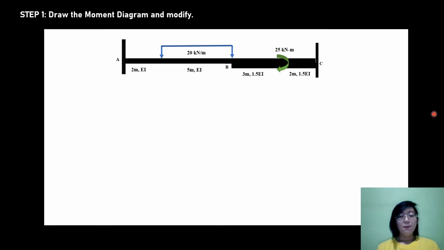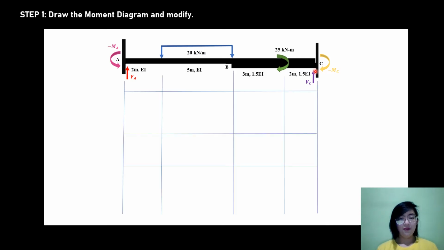So, now, before we draw the moment diagram, let's identify first the reactions. So, here, sa point A, fixed support siya. So, we have VA and MA. At point C naman, we have VC and MC. So now let's get the moment diagram, but first we have to set up a reference point muna.